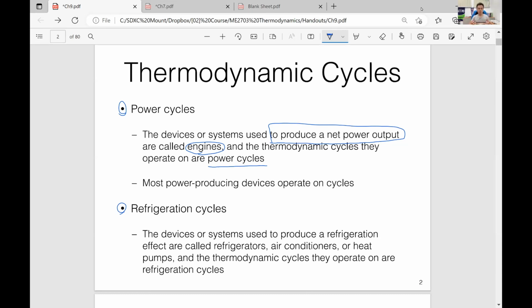Not necessarily reservoirs, maybe I should say transfer heat from a low temperature medium to a high temperature medium. So these are refrigeration cycles, just like refrigerators, air conditioners, and heat pumps. We have learned this in chapter 6 as well.